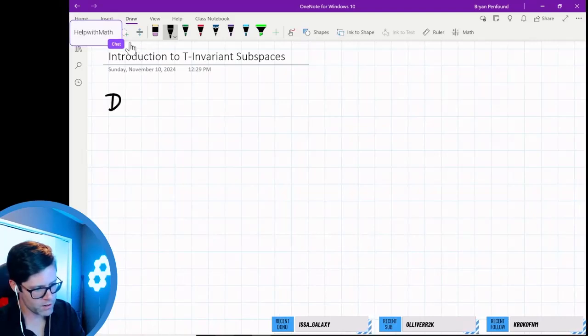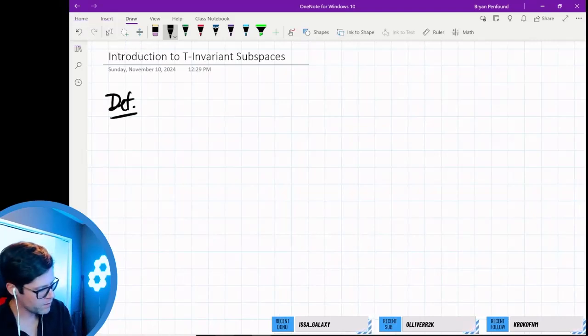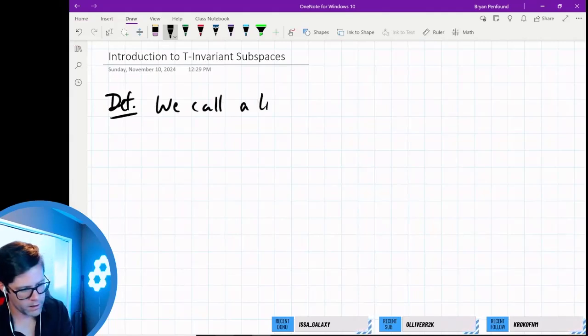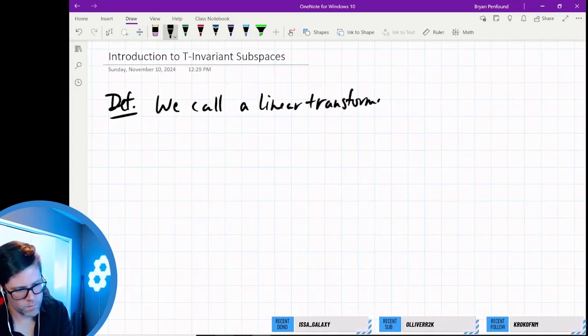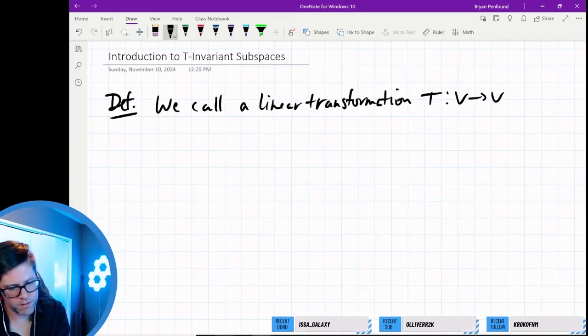So we're just going to start right off the hop, and we're going to define a linear transformation as a linear operator. So we call a linear transformation T from vector space V to itself a linear operator.